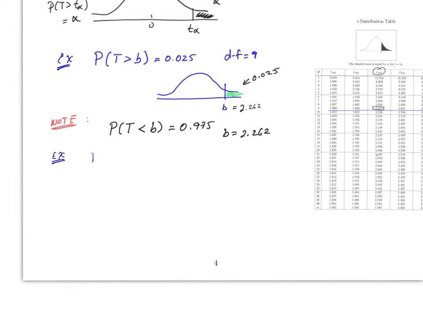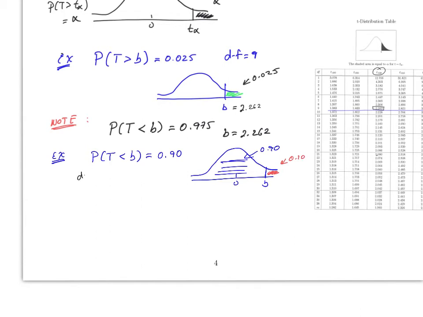Now, just in case that was not completely clear, let me do one more. Let's say that you want to find the value such that the probability that T is less than that value is equal to 0.90. This is telling you that the area to the left of B is 0.90, so the area to the right, which is what you will find on the table, is 0.10.